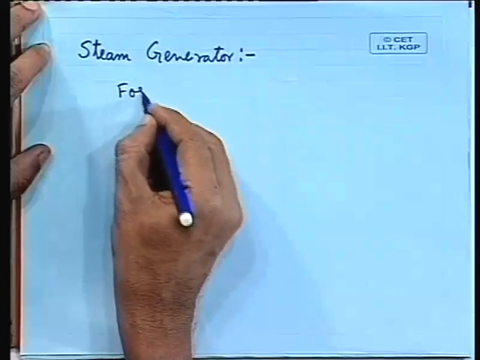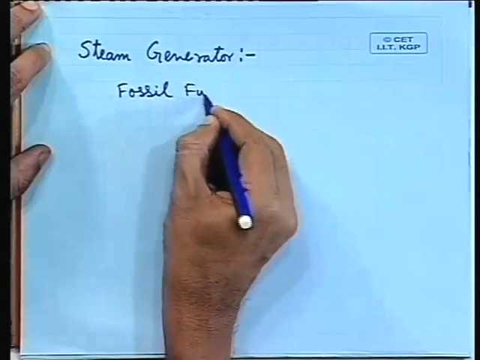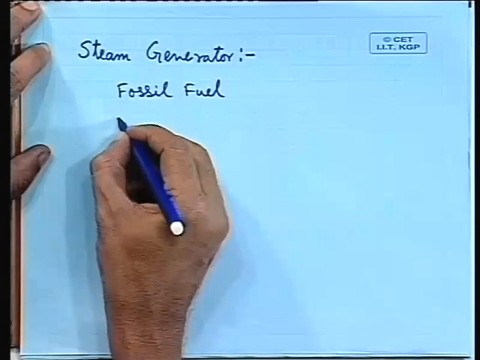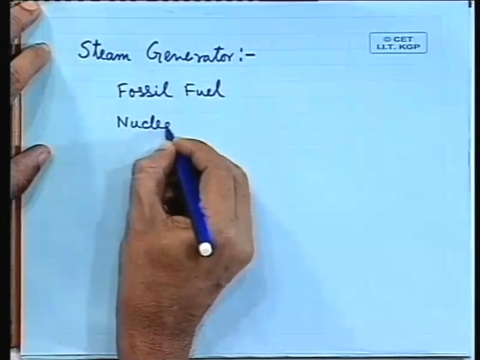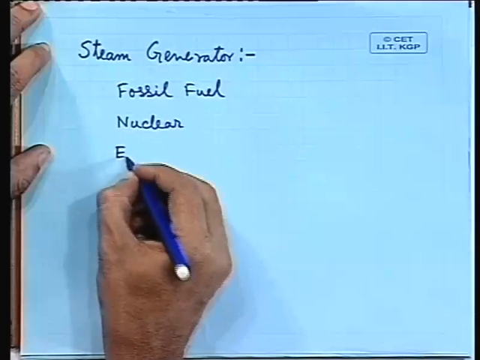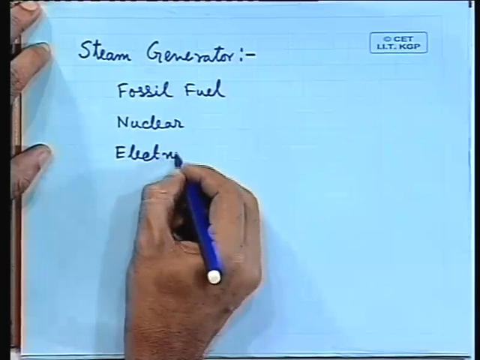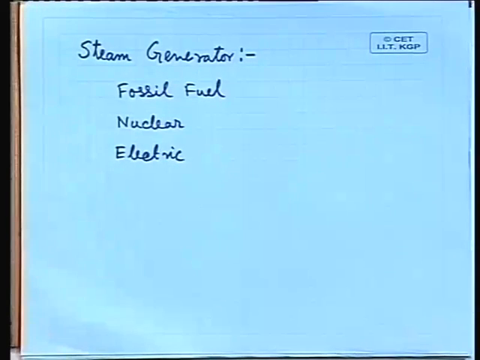That means you can have fossil fuel, you can have nuclear, you can have electric, and among fossil fuel again you can have coal and you can have oil, or you can have a mixture of two different types of fuel that can be burnt to generate the steam.